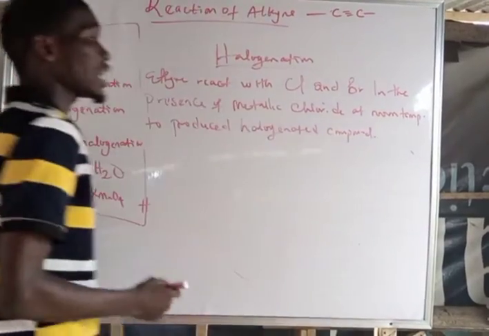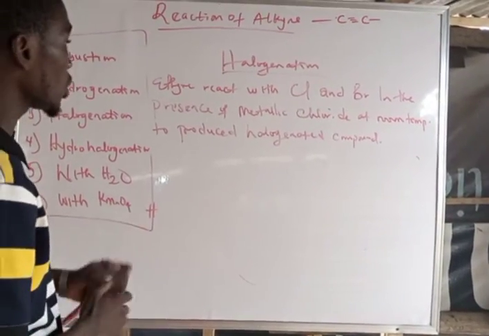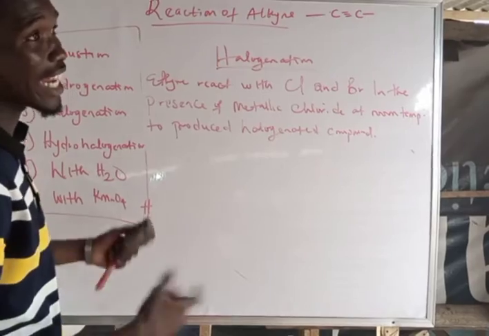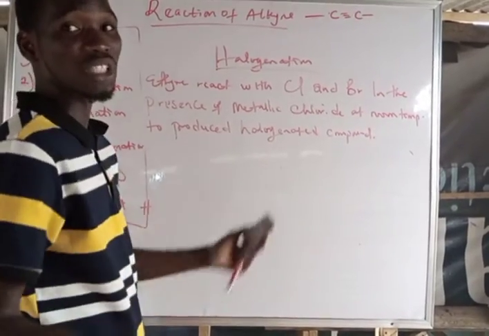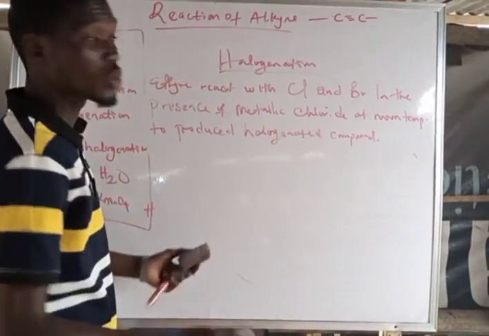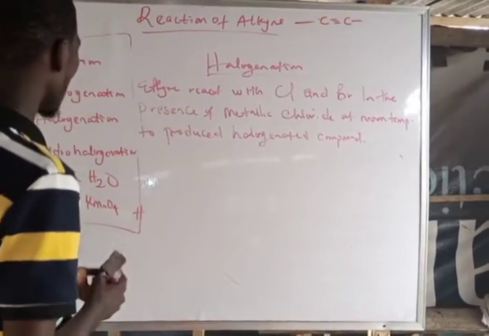Can you see it now? So let's show that. And when they produce halogenated compound, we can have 1,2-dichloroethene and 1,1,2,2-tetrachloroethane.